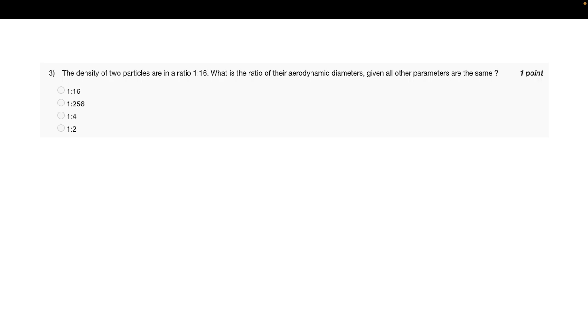Third option. Okay, 1:4. Anybody else? You guys can quickly calculate it using your paper and pen. Thanks for answering. Anybody else?